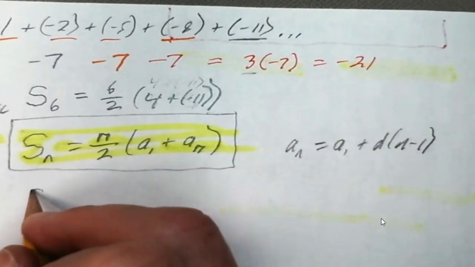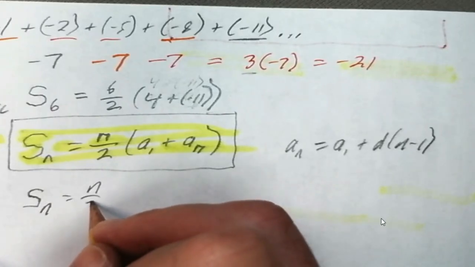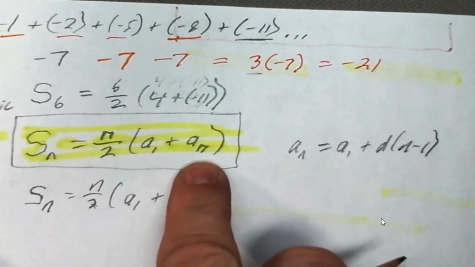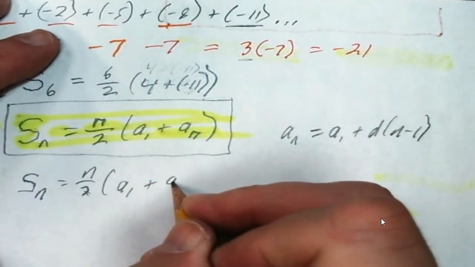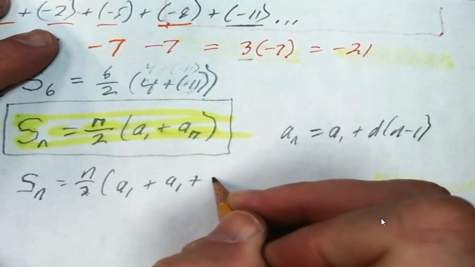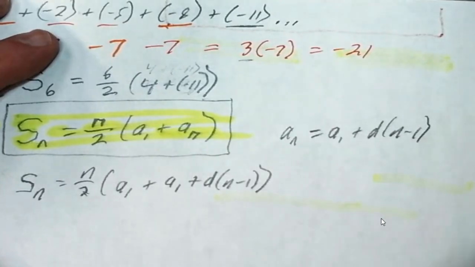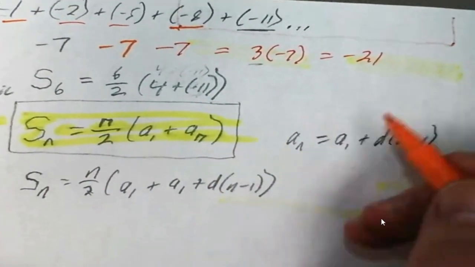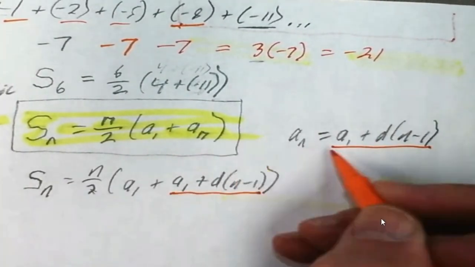Let's work on this. The series sum would be n divided by 2 times a1 plus, if we don't know that, let's use this. This is what it equals: a1 plus d times n minus 1. Right? We just simply took this right here and substituted it in for a sub n.